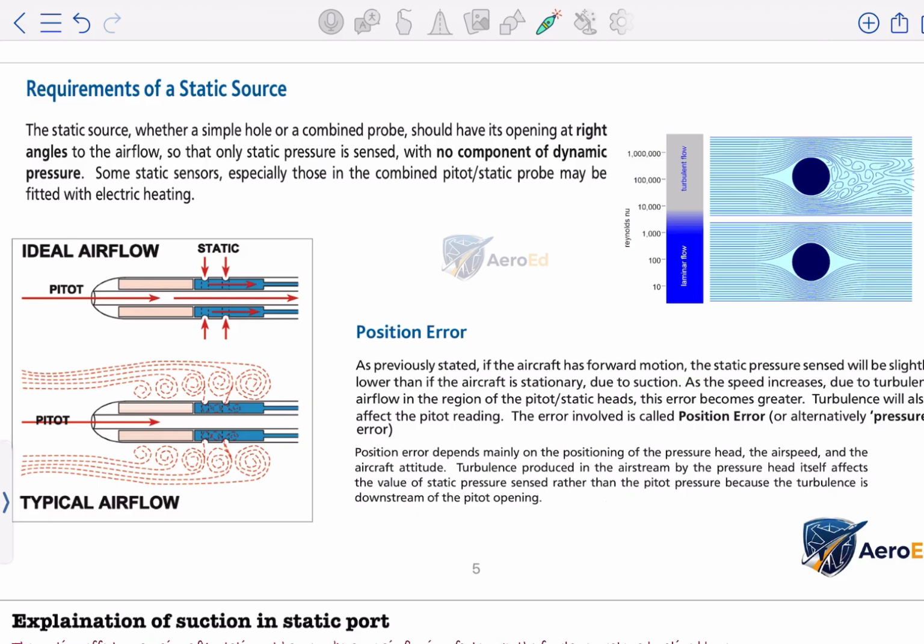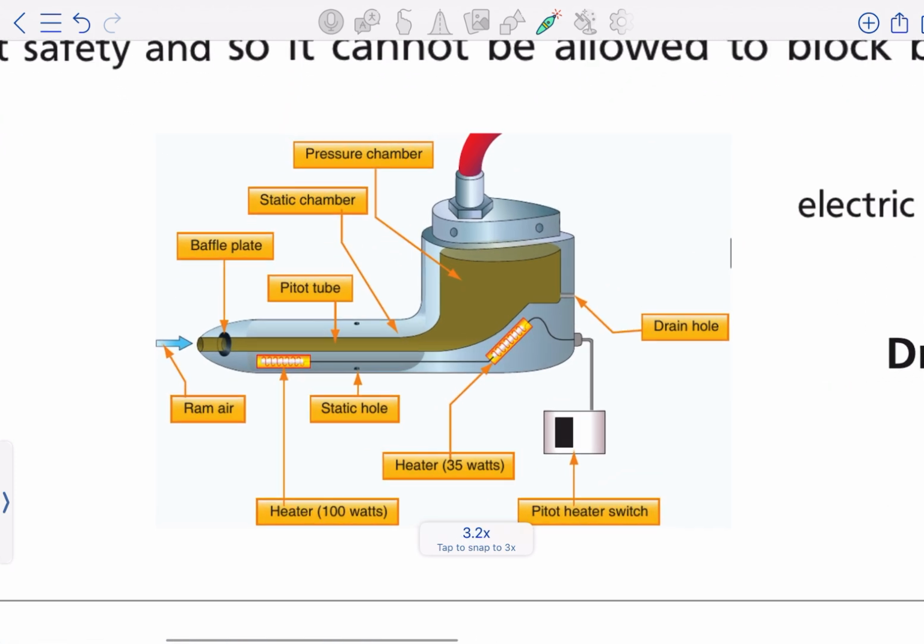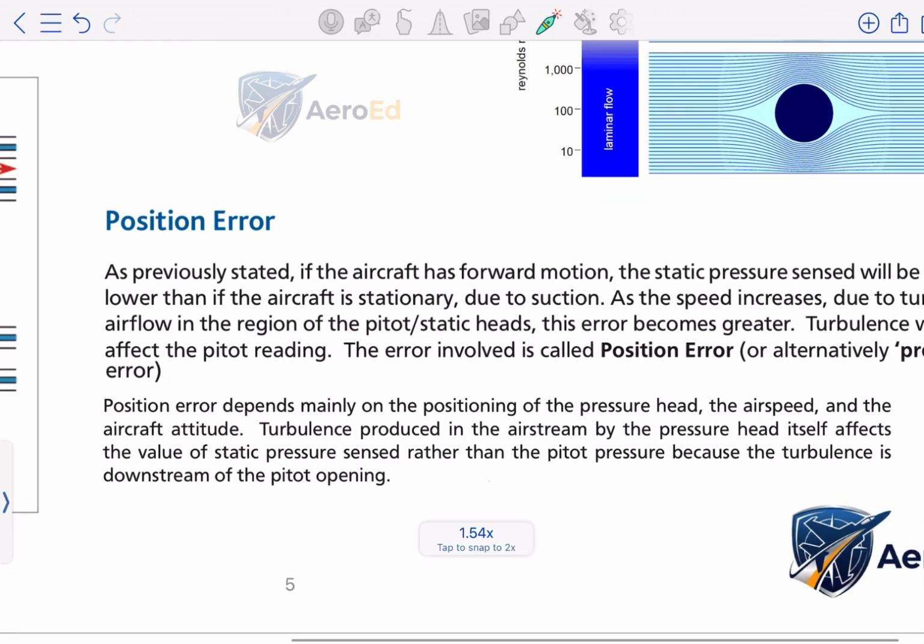So to sense only the static pressure and no component of dynamic pressure, it is perpendicular to the airflow. And especially those in the combined pitot-static probe, from this image you can see, it is also fitted with electrical heating.